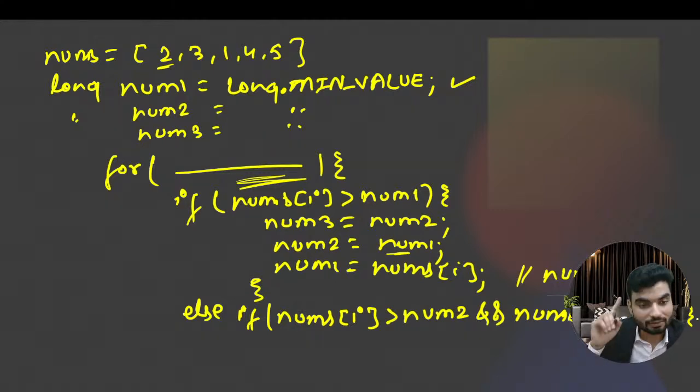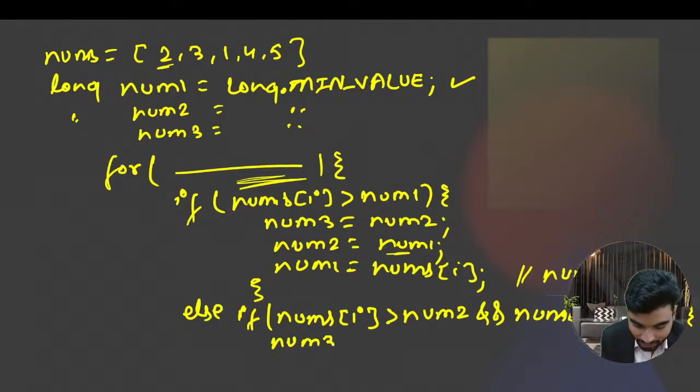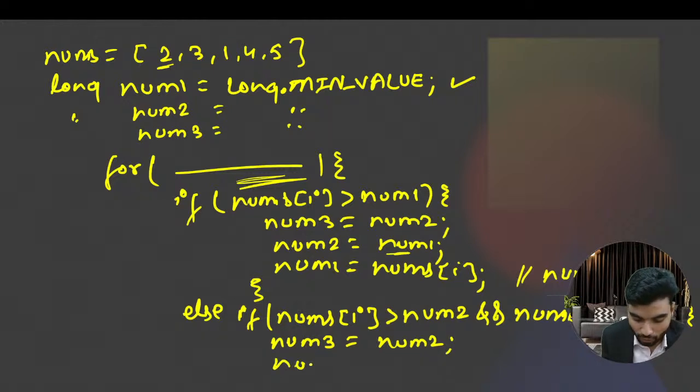Previously num2 was the second largest. If we get something greater than num2, then num2 is no longer the second largest value, so we'll update it to the third largest value. So num3 will be updated by num2, and num2 will have the other second largest value, which is the upcoming value, nums[i]. Cool.